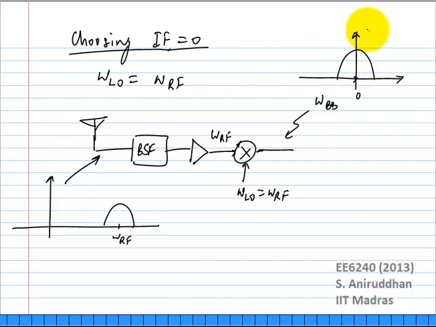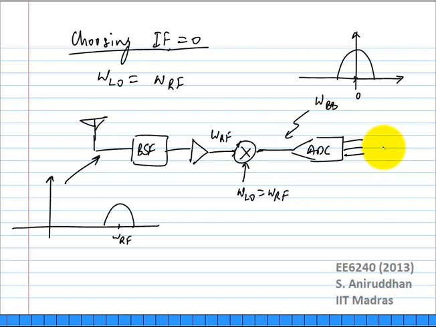Next I can just digitize it and move on. If I want some more amplification also, I can do it. I can do any kind of filtering and channel selection, all of that in the digital domain. Can you imagine a problem with this?